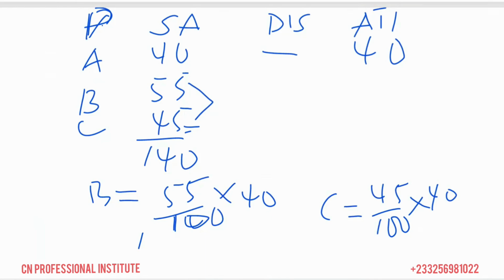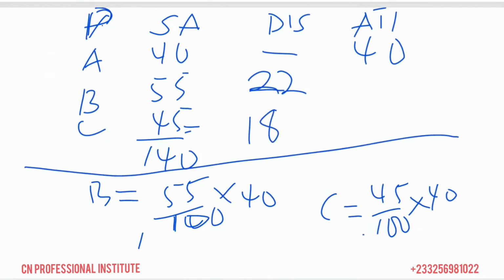So B will have a discount of 22. That's 55 divided by 100 times 40, which is 22. And then C will have a discount of 18. Are you following? That's 45 divided by 100 times 40, which gives us 18.